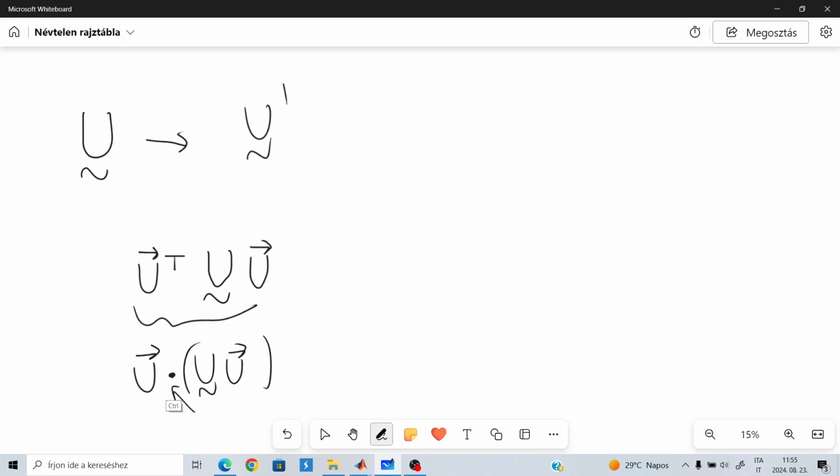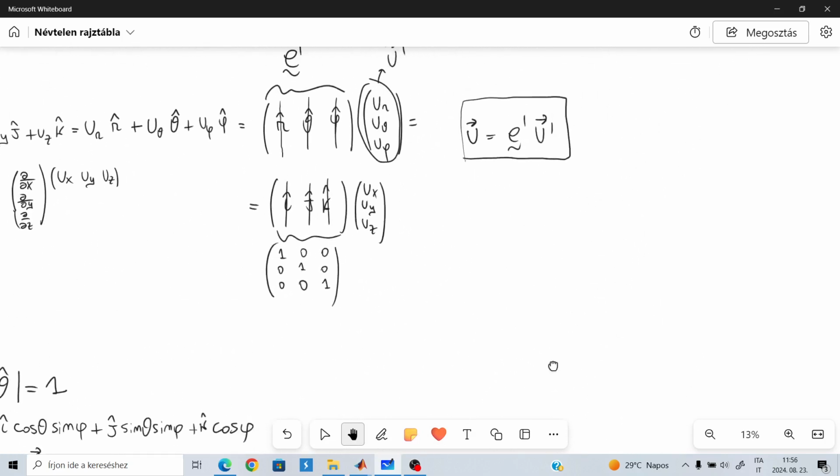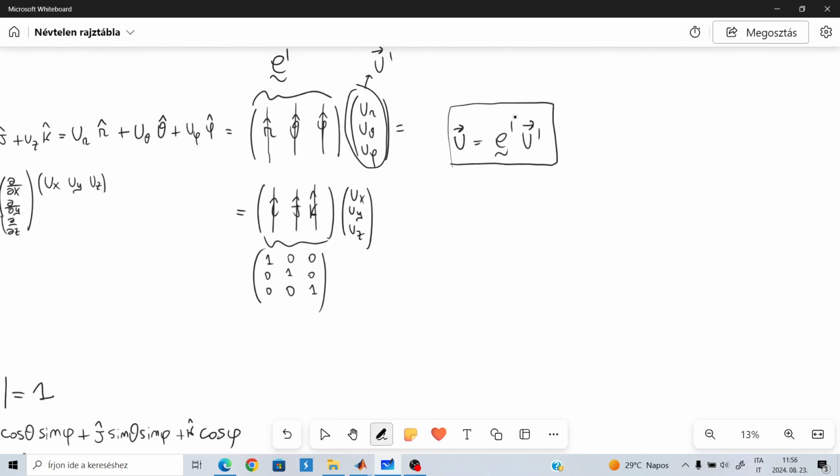This is an invariant because it's a dot product. So in the new reference frame, this should be equal to u prime transpose u tilde prime u prime. So u prime, if you remember, is this vector here.